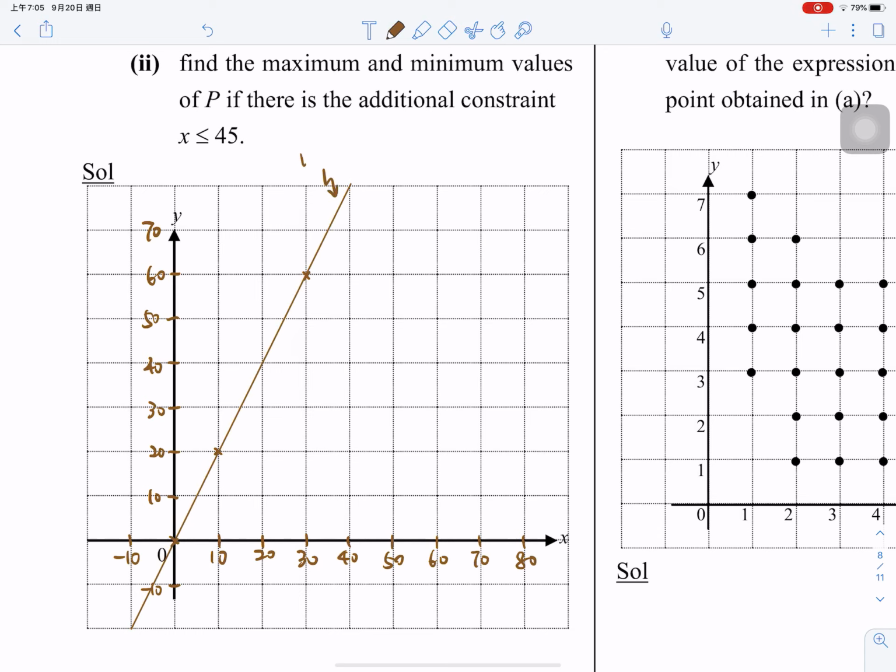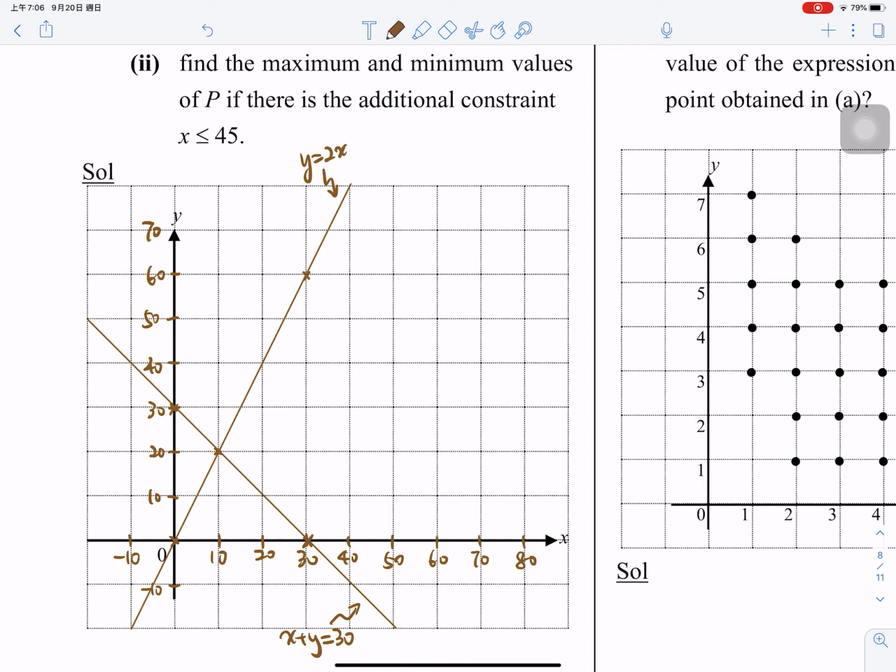And this one, y equals 2x. Okay, how about next? x plus y equals 30. Not difficult. Mark these 2 points. Then draw a straight line here. Right. So this one, x plus y equals 30.